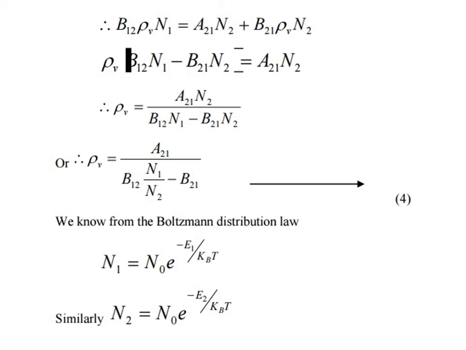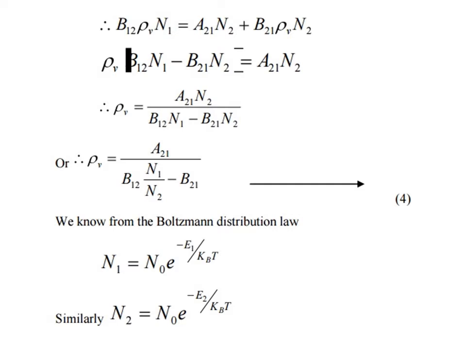If you rewrite that equation, you will be able to write down an equation for rho nu, which is the number of photons per unit volume of frequency nu. That can be written as: A21 N2 divided by B12 N1 minus B21 N2.